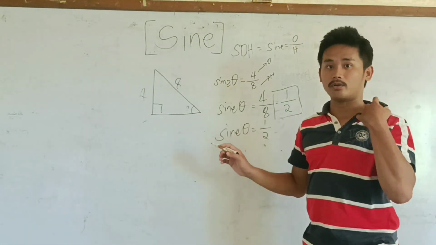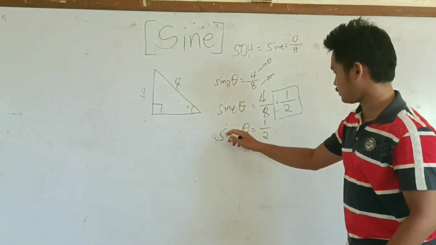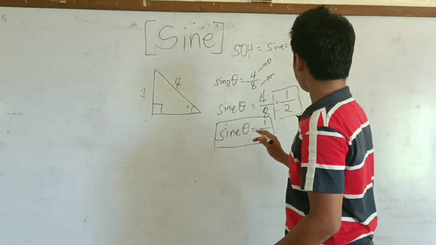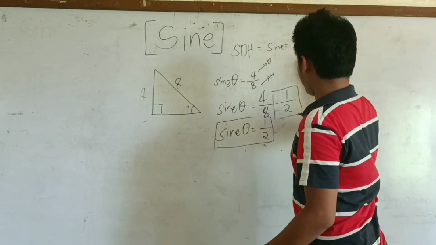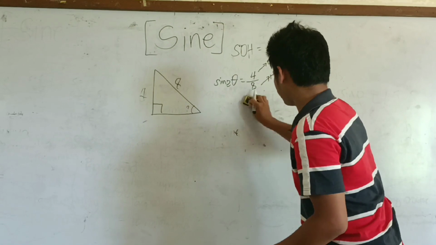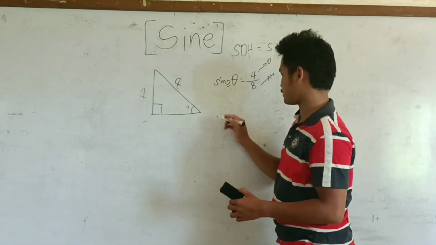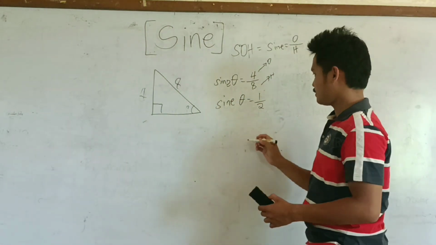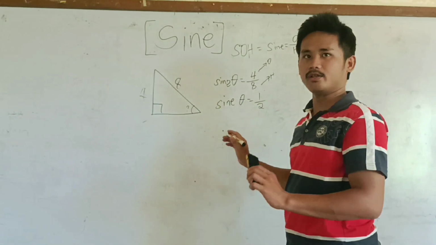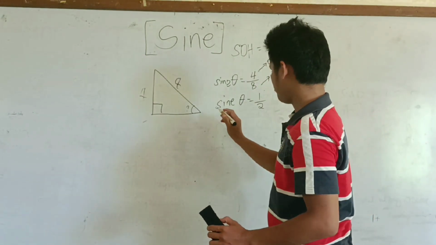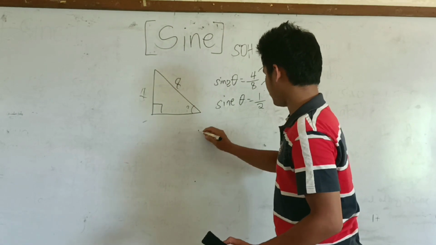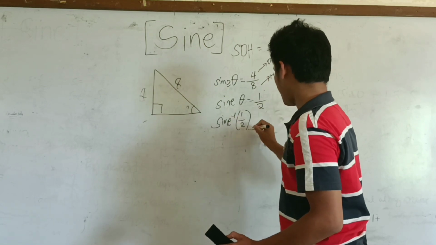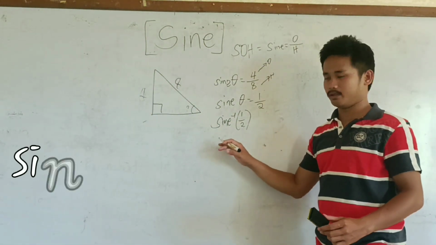Now, in order to solve for the angle, we're going to transpose this to make it in degrees. So, in order to do that, we are going to find the inverse of sine theta is equal to 1/2. Use your calculator and put this in: the inverse will be sine raised to negative 1 of 1/2.